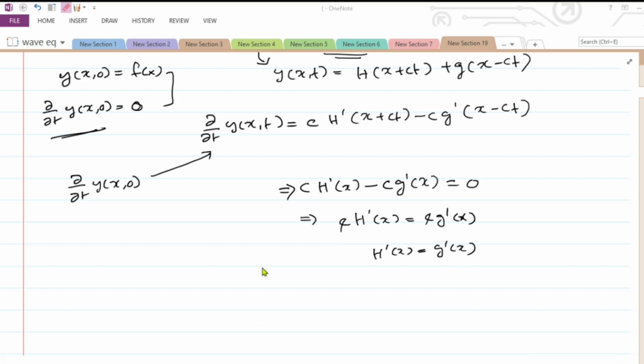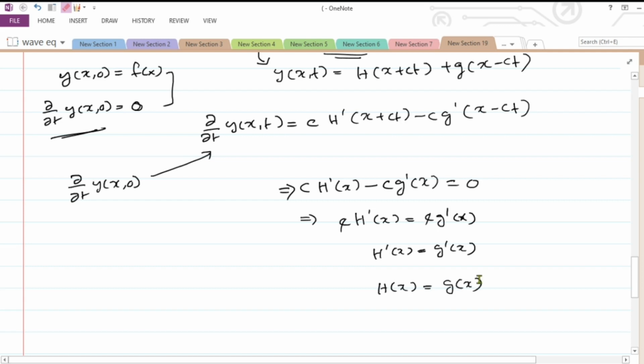So now we can integrate with respect to x to get more clear values for h, that is h(x) is equal to g(x). That doesn't end there, we have to put some constant c also, plus c.